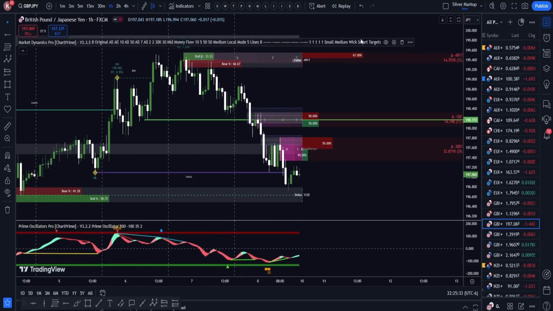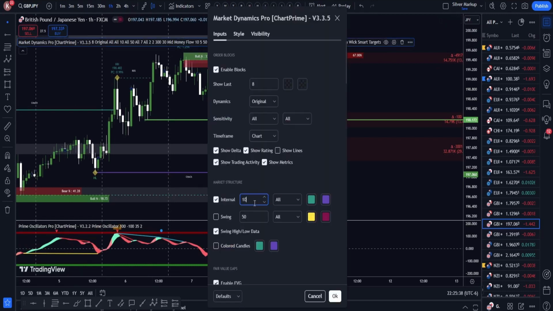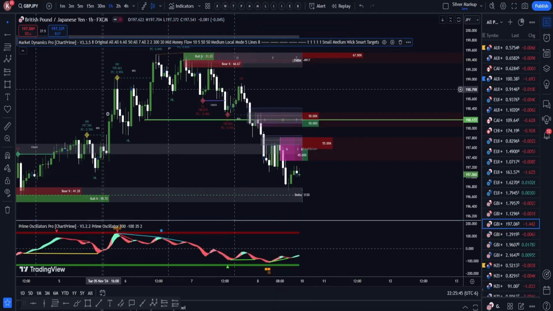If I want to make it more sensitive because it's choppy, I would probably make the market structure indicator more sensitive. I would decrease the number. So now I have it all placed right here. So I decreased and made it more sensitive so it could read these choppy points correctly. I'm doing that because I'm seeing that the market is making a lot of small highs and lows. So I increase the sensitivity on the market structure.